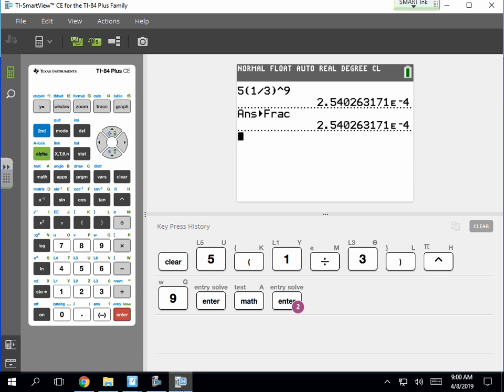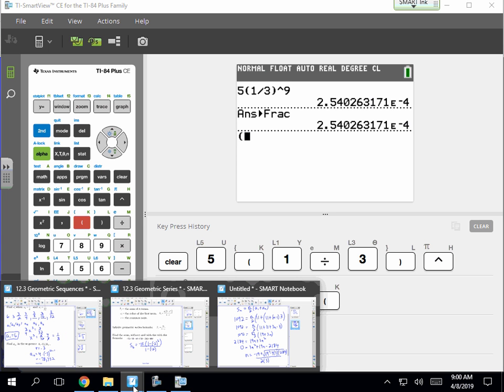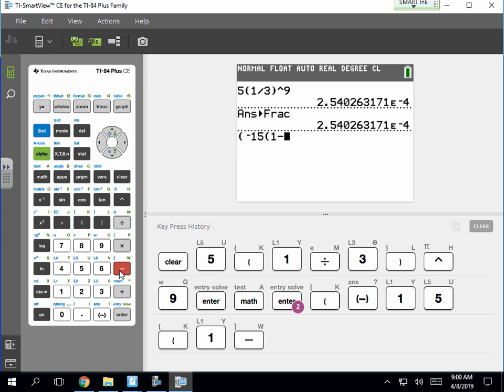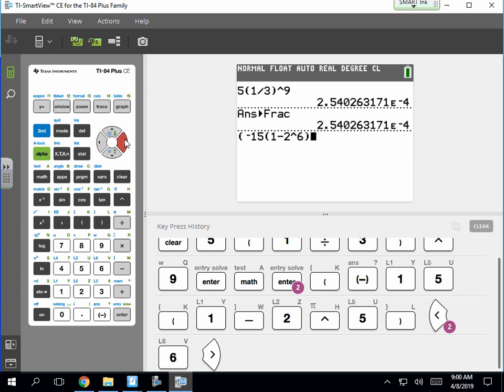Lots of parentheses here. I already forgot what I was typing in. Negative 15, 1 minus negative 2 to the 6. Is it to 6 actually? And if you're typing in, I think I had a negative in here, so I need to put parentheses around it.